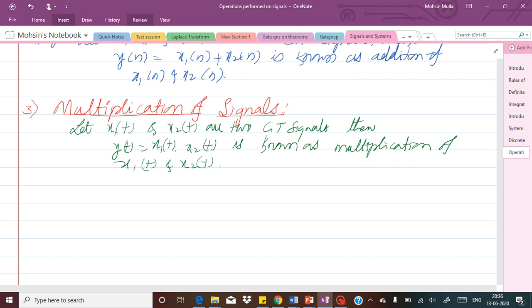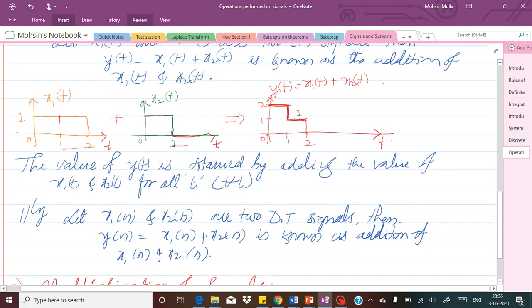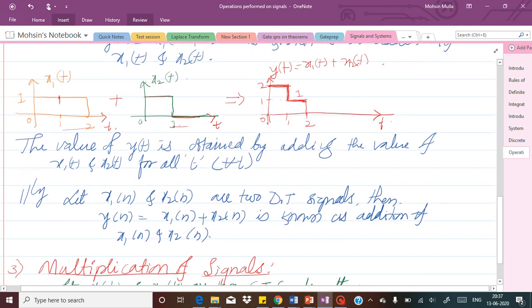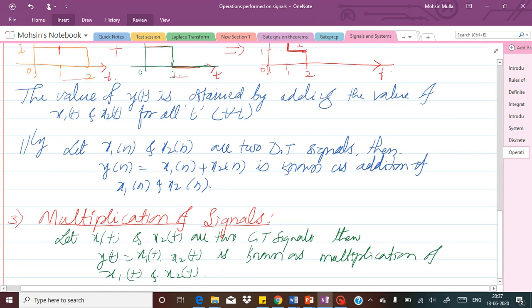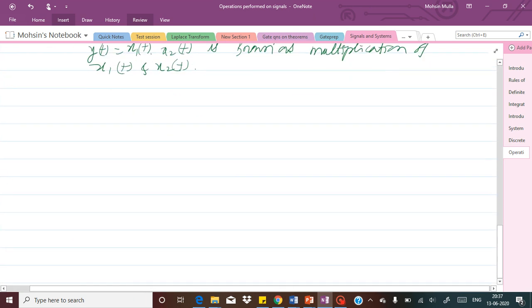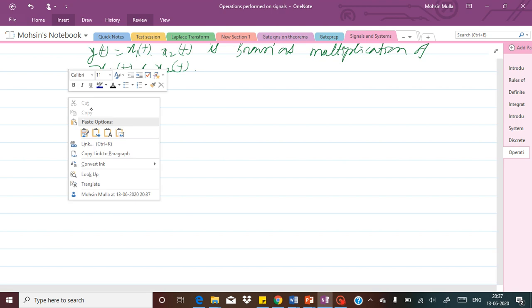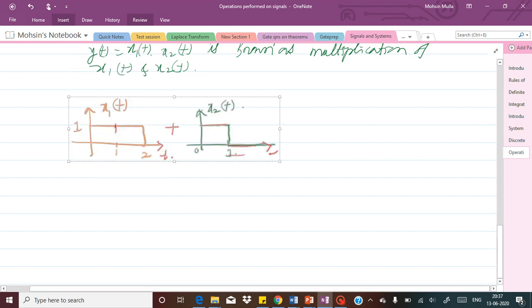Again, I'm going to use the same example that I used earlier. Let me take this totally here and use it as an example. Now instead of this plus sign we are going to do the multiplication.